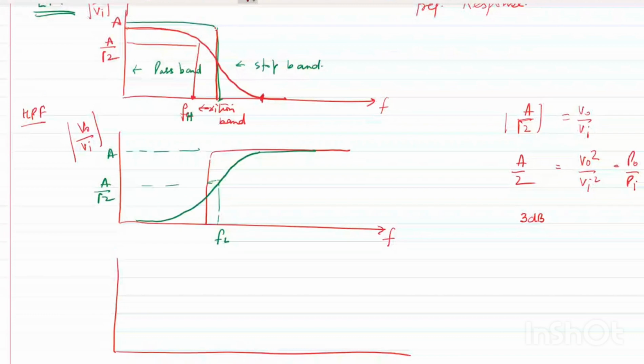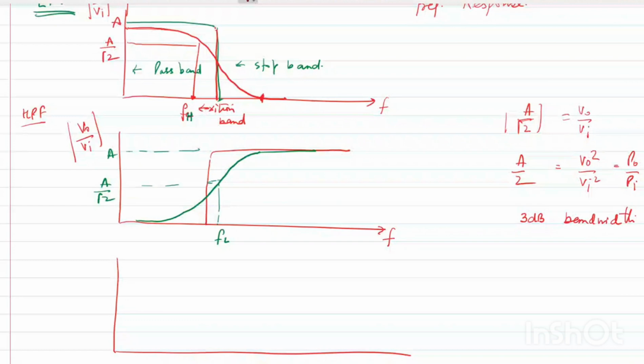You calculate here what is the log of 1 by root 2. Can anyone tell me the log of 1 by root 2? Ma'am, log of 1 by root 2 is minus 0.1505.